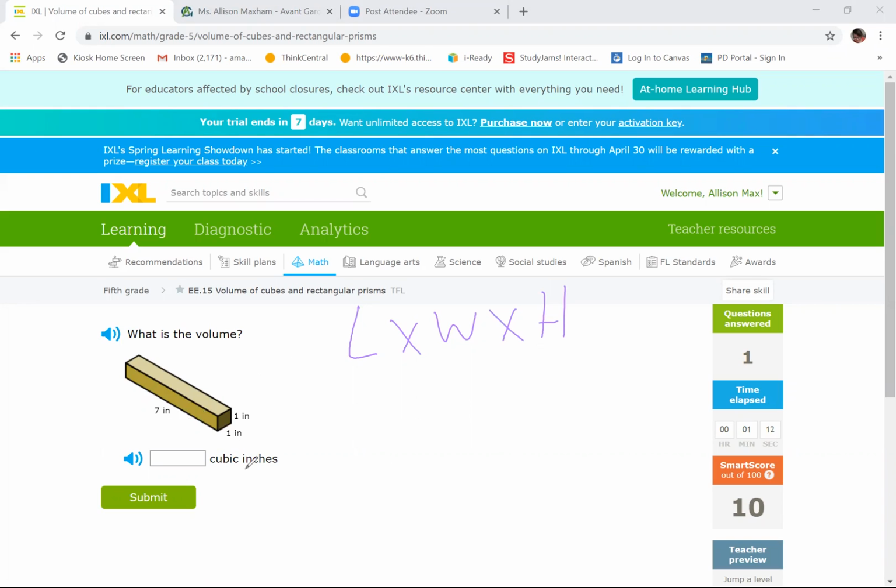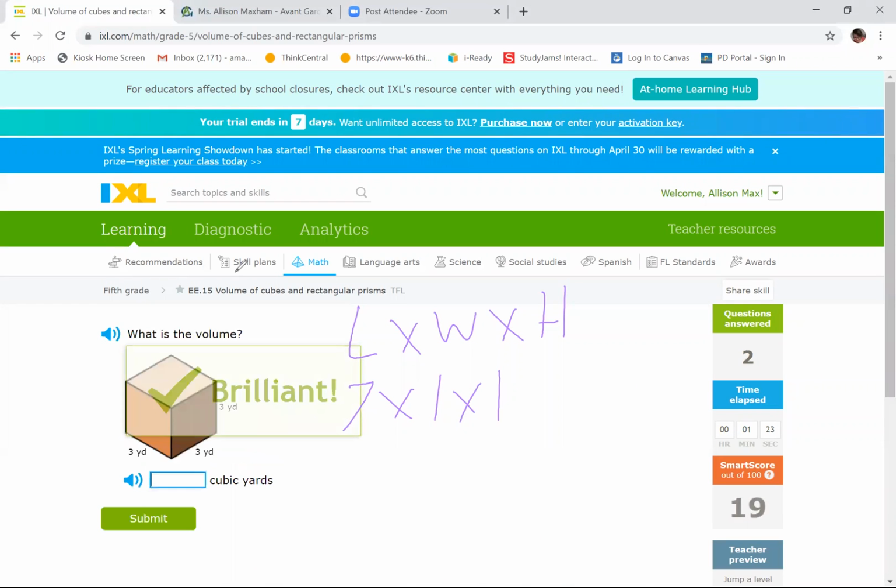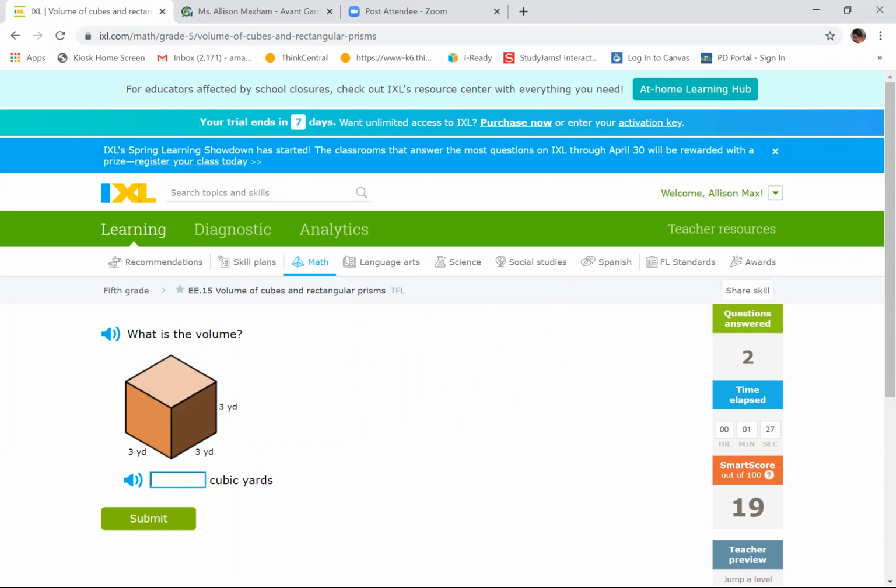I mean, all these different ways you can move it, but it's still going to be 7 times 1 times 1. And that's a very simple one, isn't it? So with formulas, basically all you're doing is plugging in the data. And 3 times 3 times 3, well, we know that 3 times 3 is 9, and 9 times 3 is what? Yep, it is.